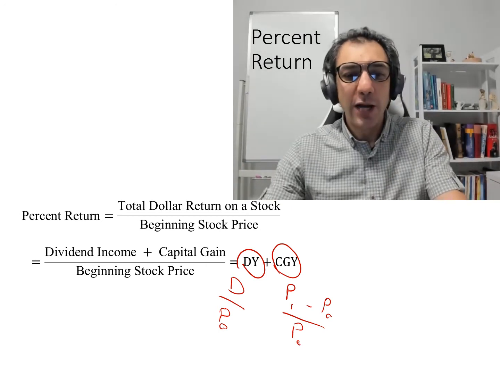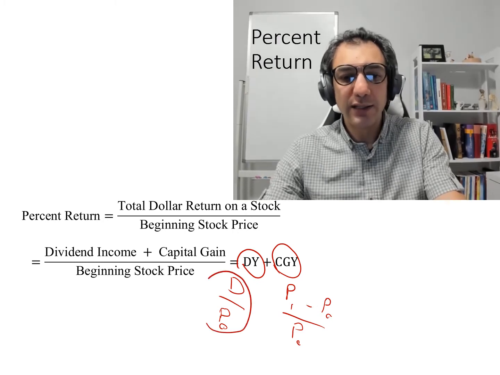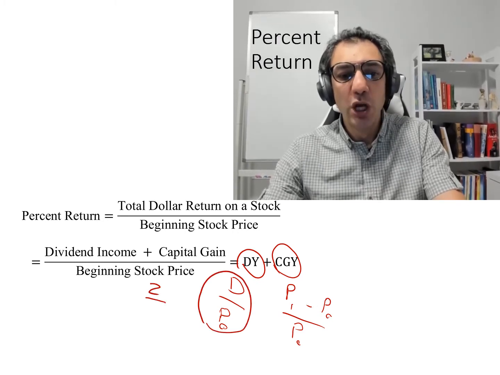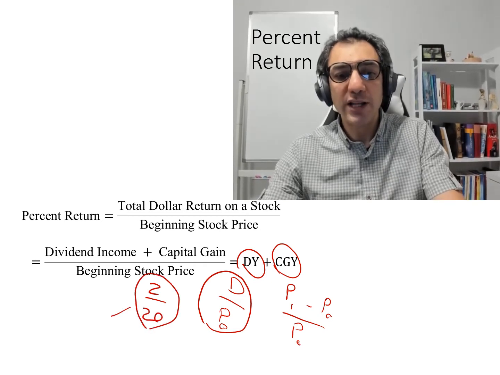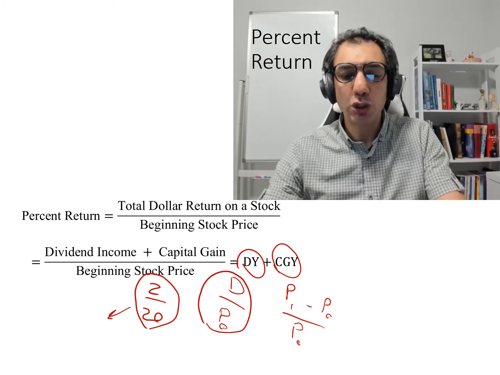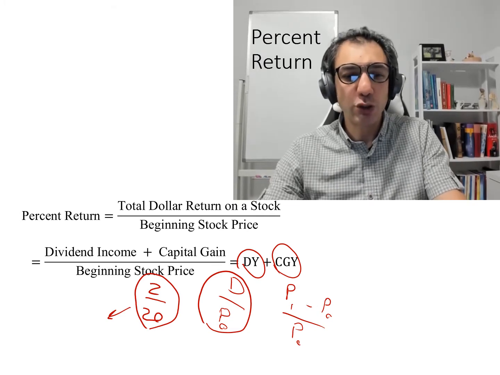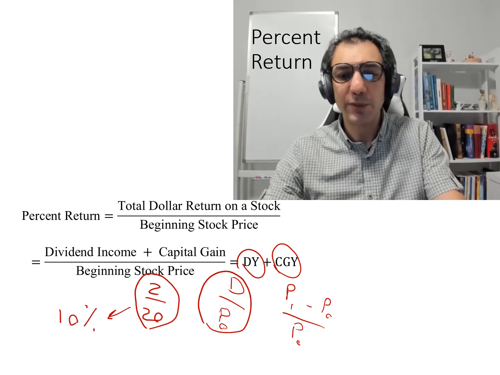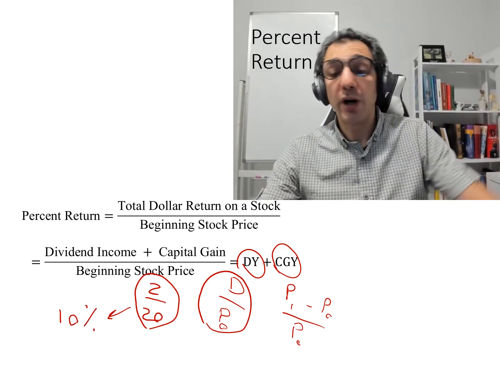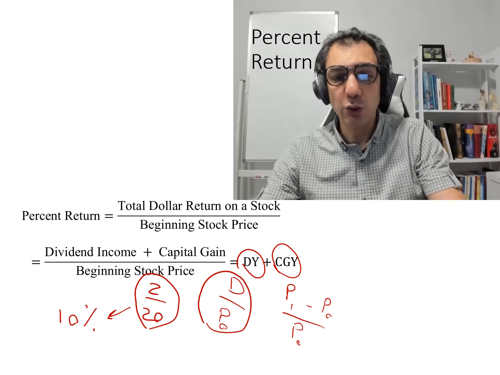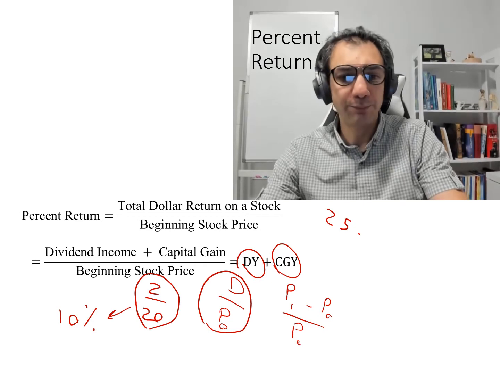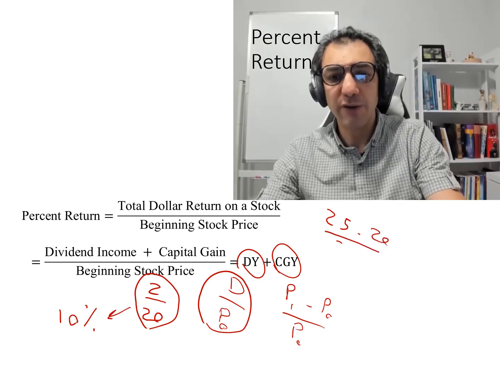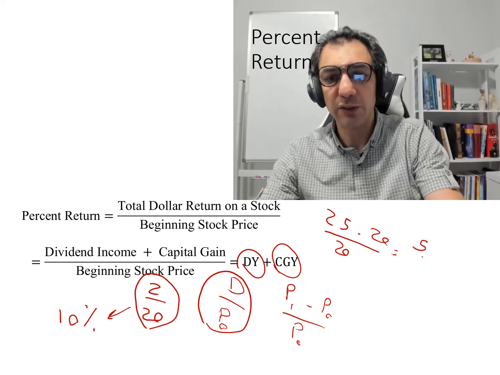In my example, I mentioned you receive a $2 dividend. So your dividend yield is $2 divided by the $20 you paid, which is 2 divided by 20, and in this case that is 10%. So 10% is your dividend yield. But also the price went up from the $20 you paid to $25. So that's $25 minus $20 divided by $20, which is $5 divided by $20.